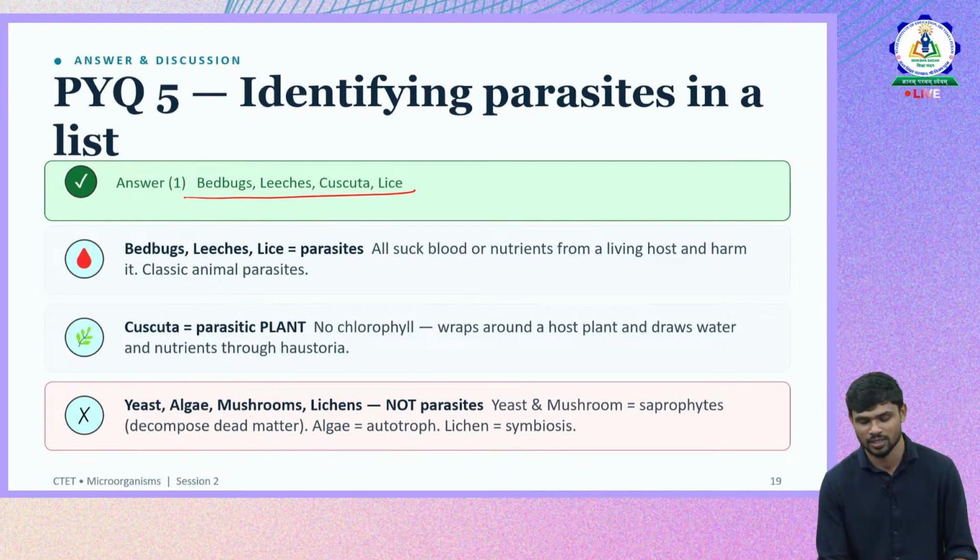Even in part 1 we discussed useful microorganisms. There also mostly factual level questions will be asked, regarding the uses of microorganisms and which organism is useful in which way, for fermentation, which one under what conditions. All these kinds of questions will be there from this topic.